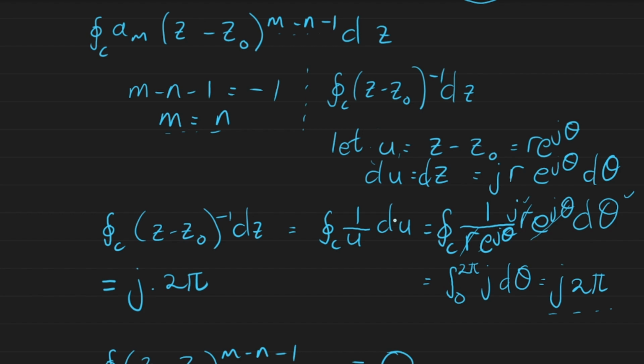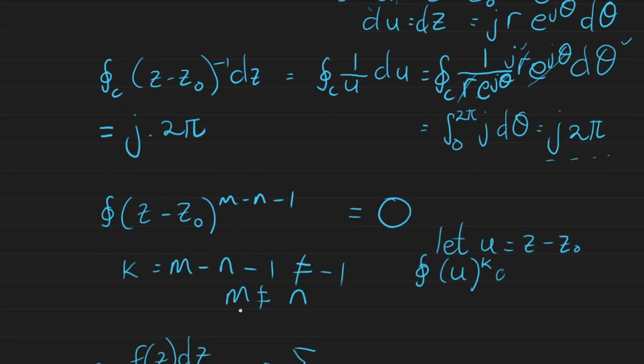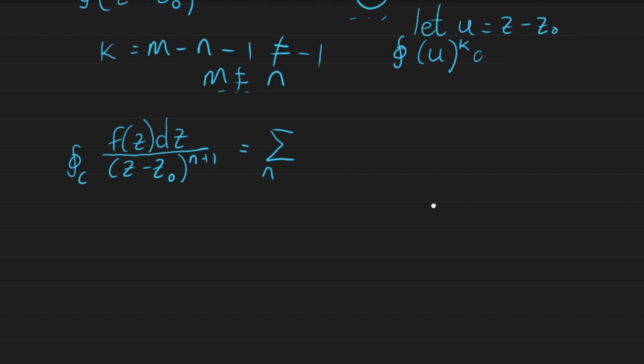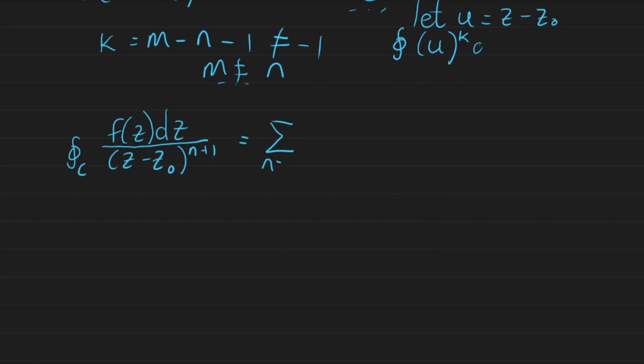Everywhere else where m and n are not equal, this integral gives us 0, so there's no point in considering it. So we are only considering where m is equal to n, and that's why we have now replaced this m with n, and n is going from minus infinity to infinity of a n.